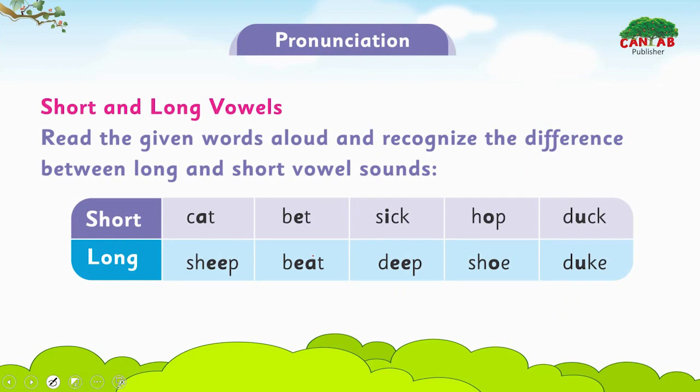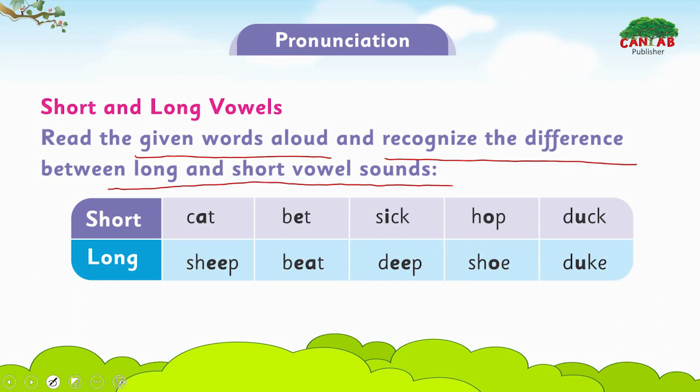So here you have to look in your book. Read the given words aloud and recognize the difference between long and short vowel sounds. This is a very good example. The short vowels are cat, bat, sick, hope, duck.